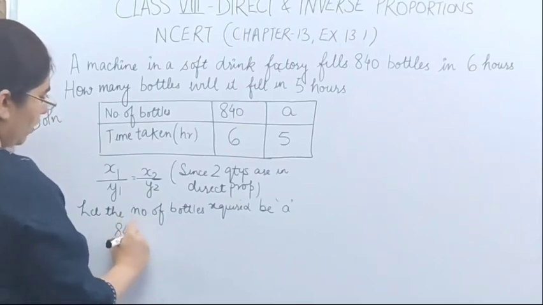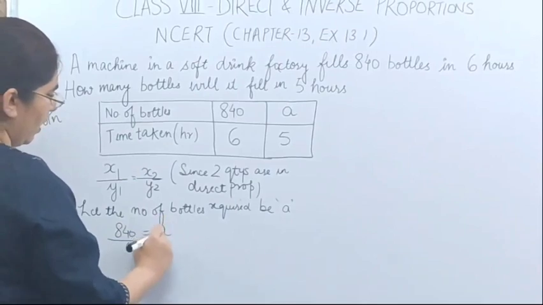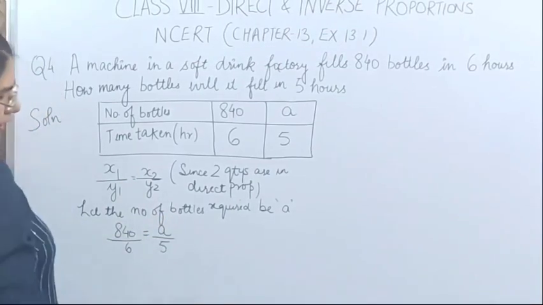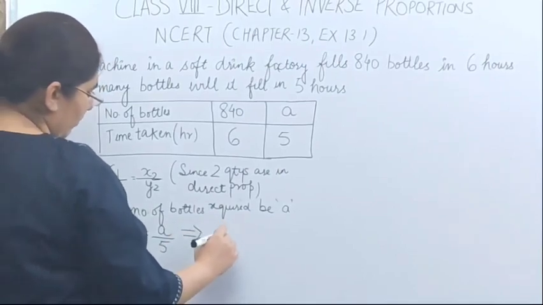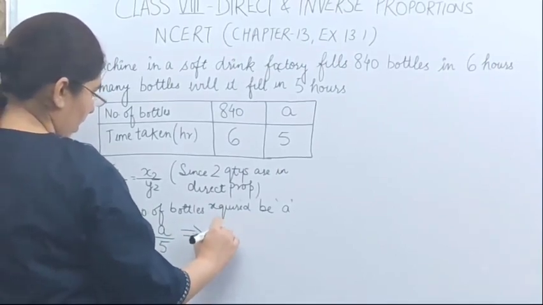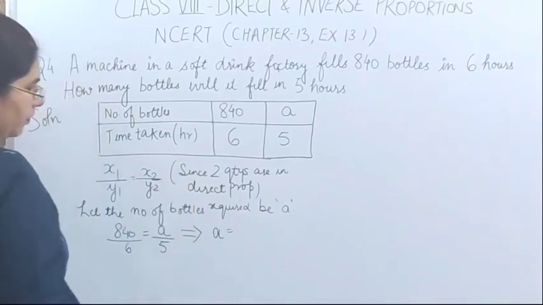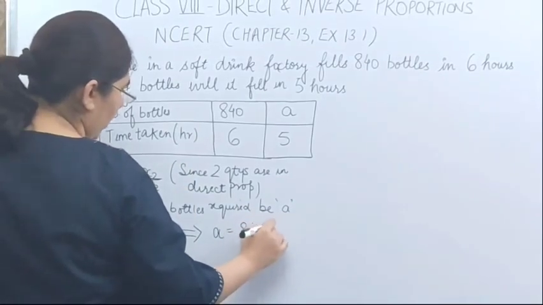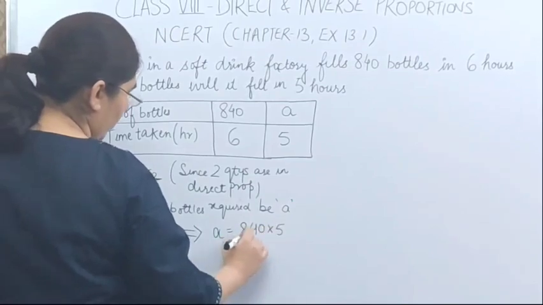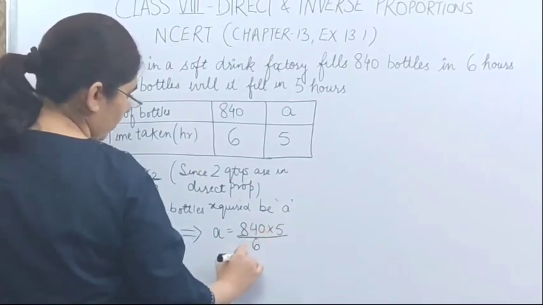So 840 by 6 equals A by 5. What does this mean? This means that A equals 840 into 5 divided by 6.